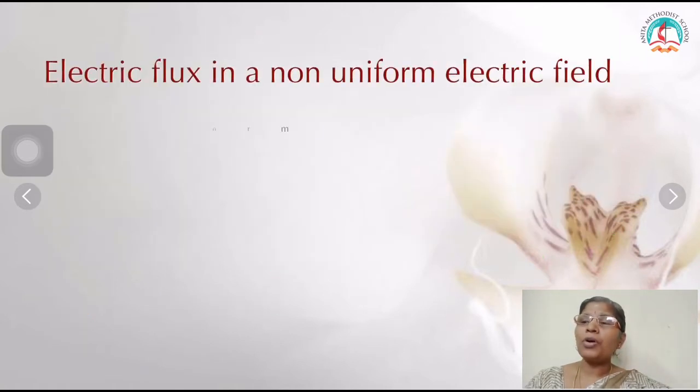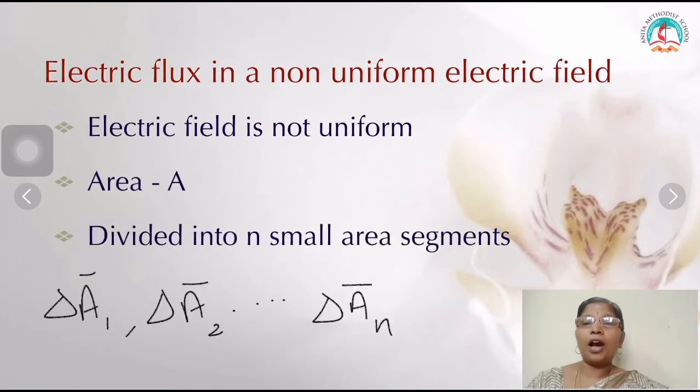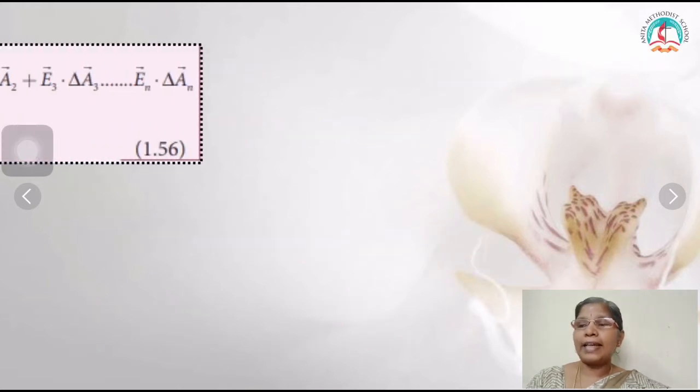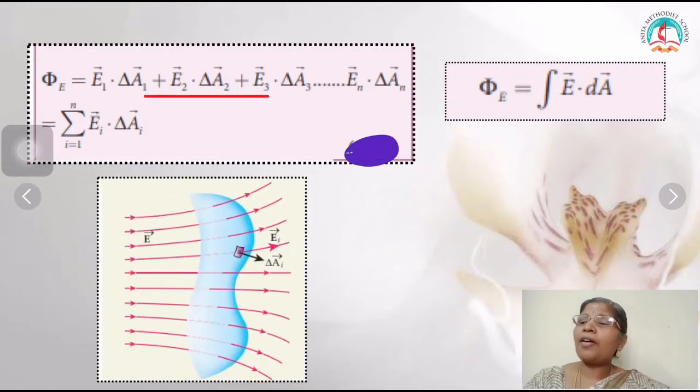Okay. Now, how to calculate electric flux in a non-uniform electric field. You take the area A and divide it into small segments, del A1, del A2, up to del AN. If I want the total flux, I will add all the values: E1 multiplied by del A1, E2 multiplied by del A2, and like this it goes on.